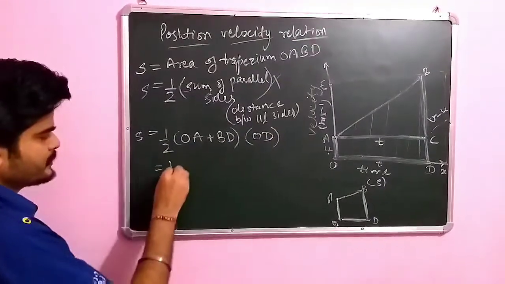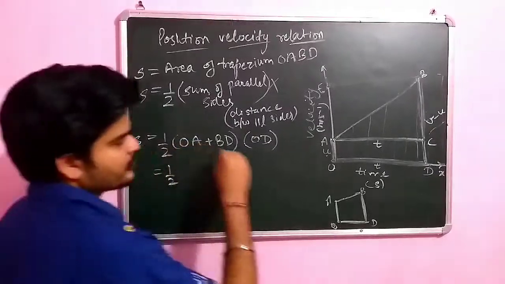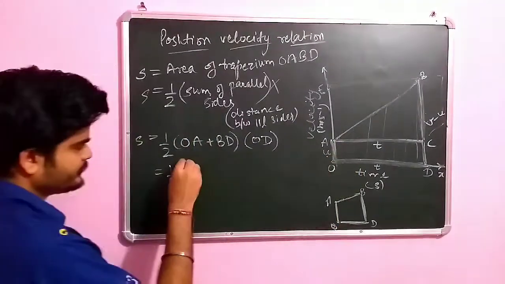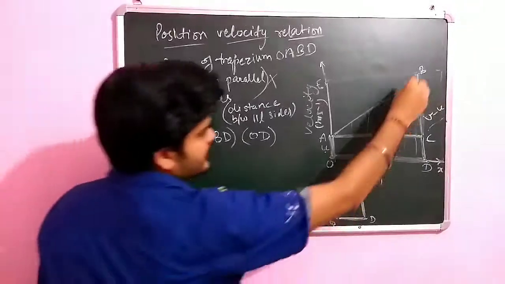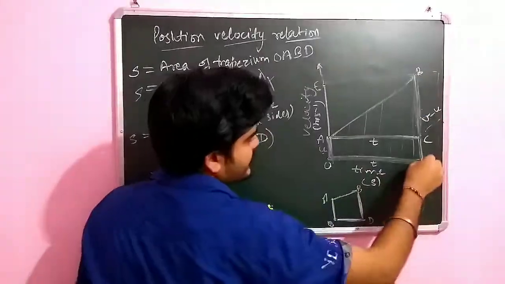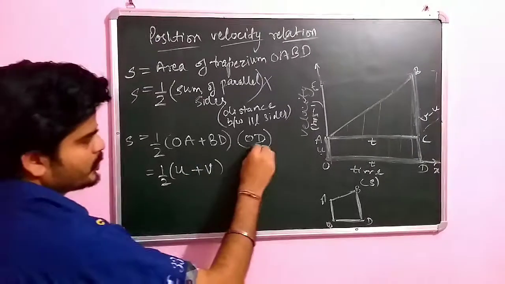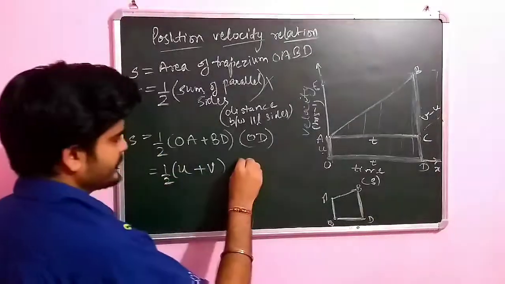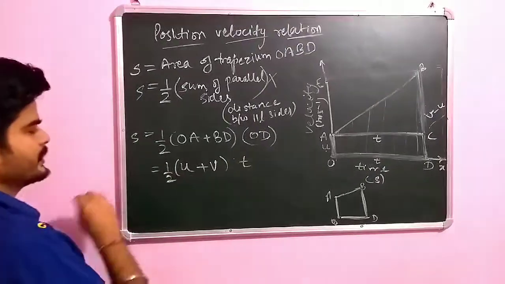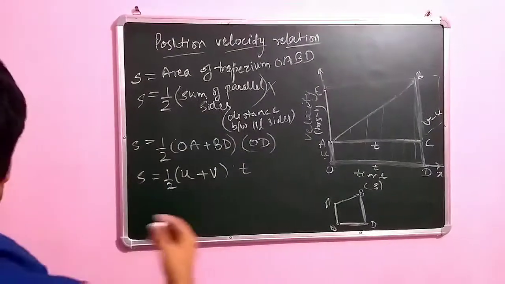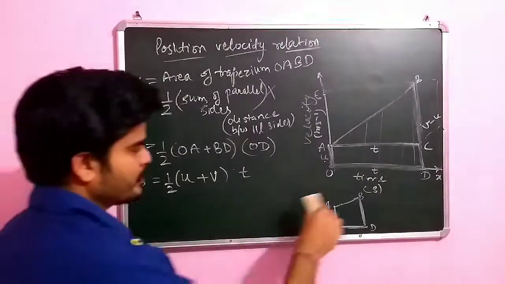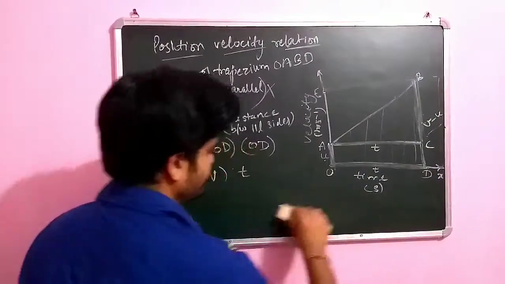Now we have to just put the values. OA is U plus BD, which represents the final velocity V, into OD. OD is representing the time, so into t. Now again we have to go to our first relation.